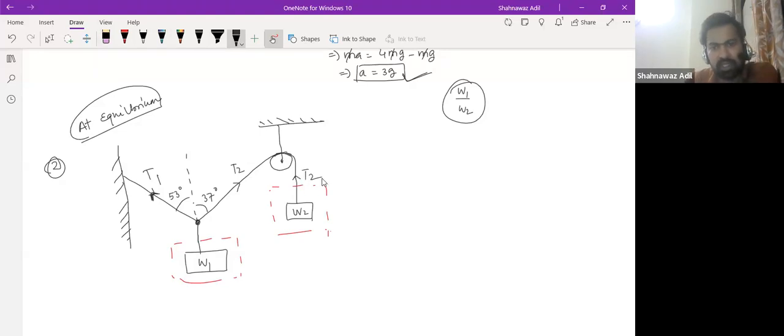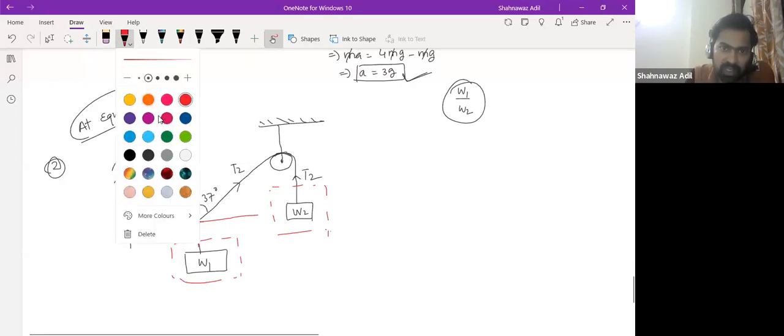So this is the free body diagram. And we have this X and Y axis here.